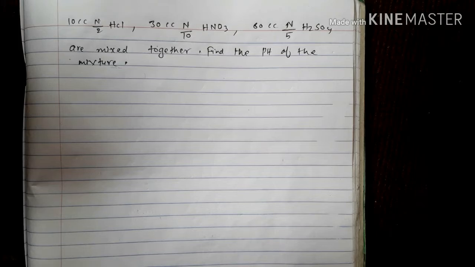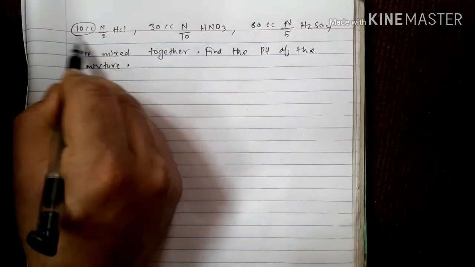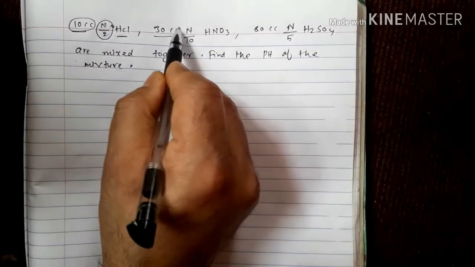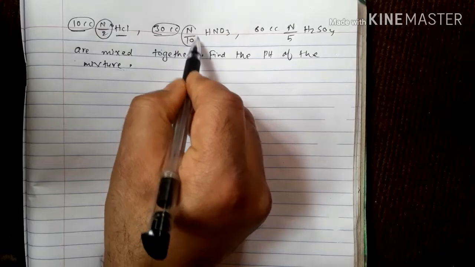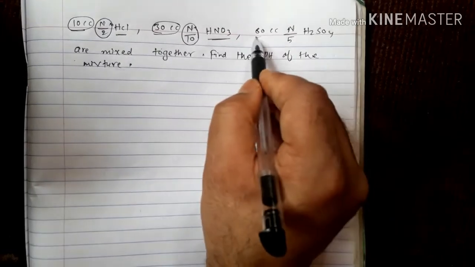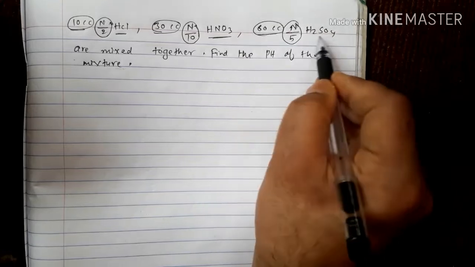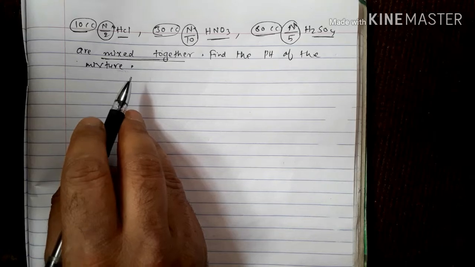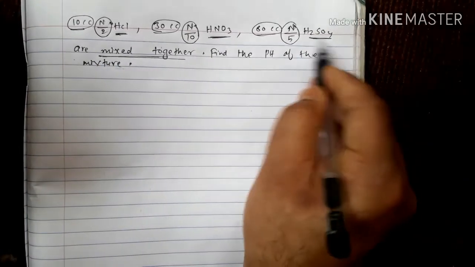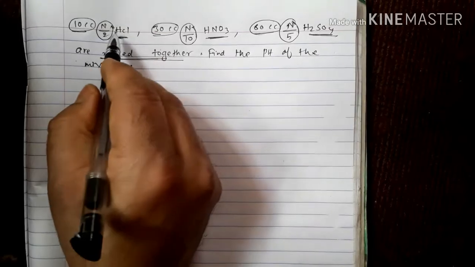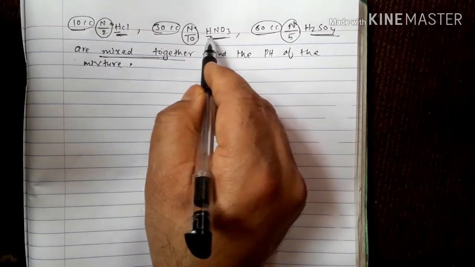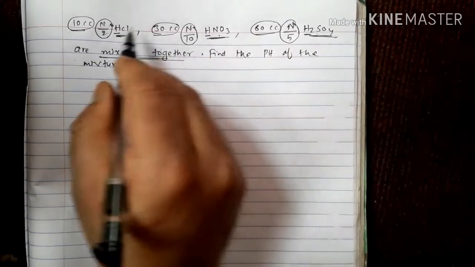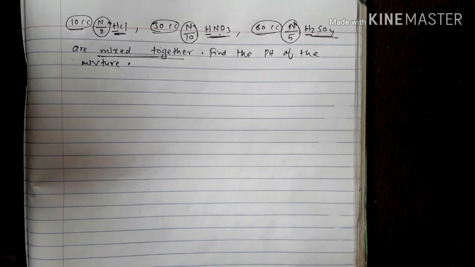Here is another question. 10 cc N by 2 HCl, 30 cc N by 10 HNO3, 60 cc N by 5 H2SO4 are mixed together. Acid, acid, acid. They all give H plus. When these three acids are mixed, the solution will be acidic.